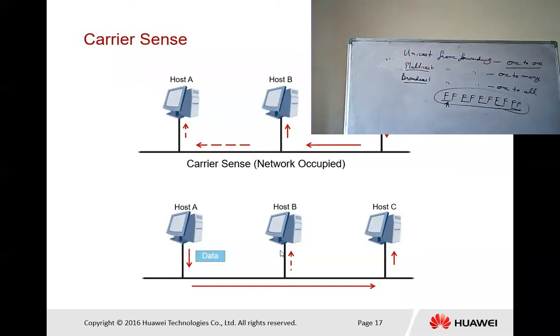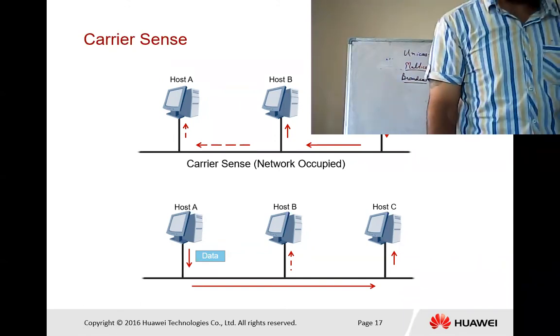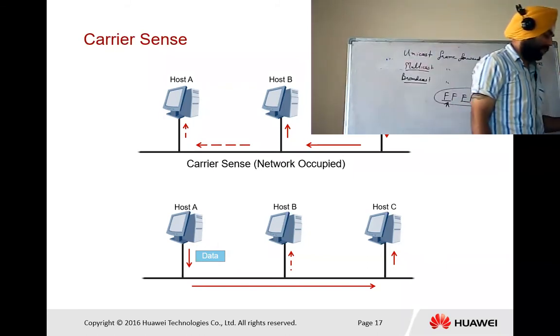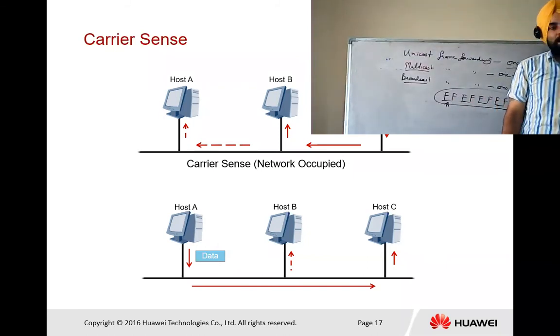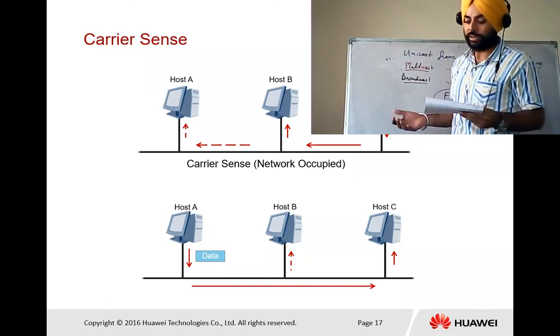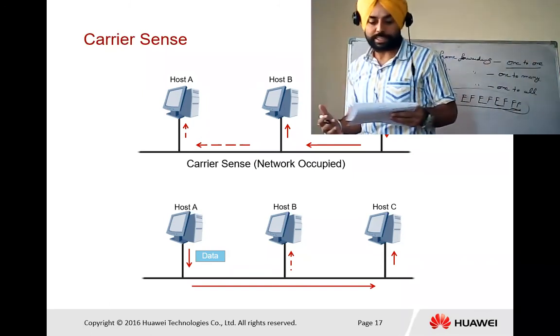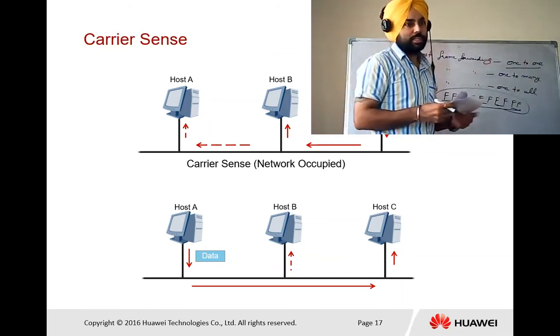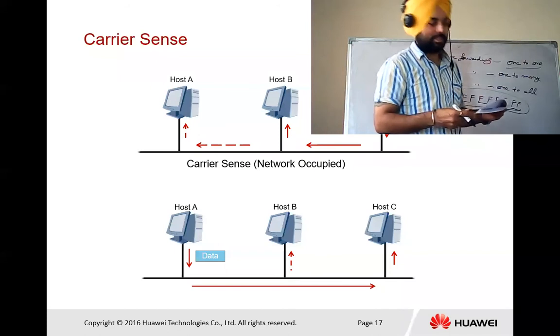So next we have carrier sense. Carrier sense is a protocol that listens to and senses the network signal on the medium before transmitting any data. CSMA is implemented in Ethernet. CSMA is carrier sense multiple access.